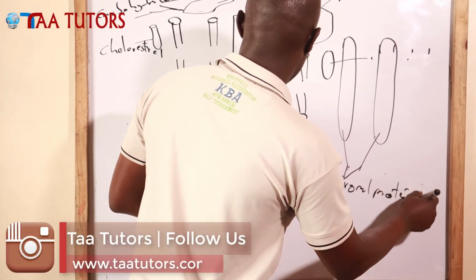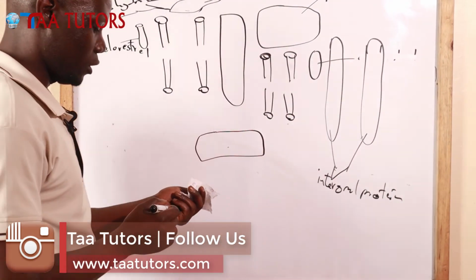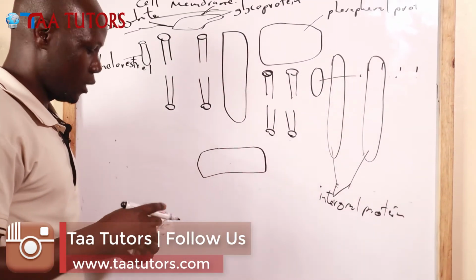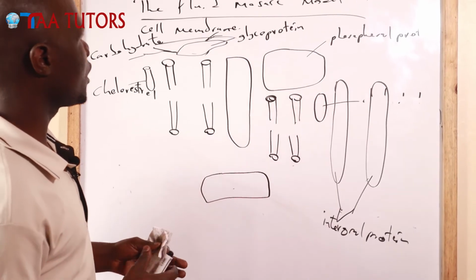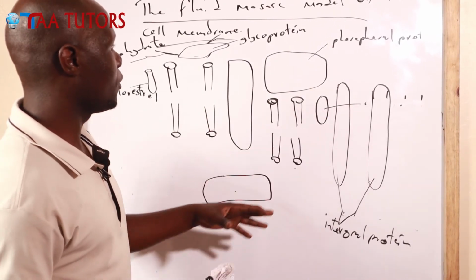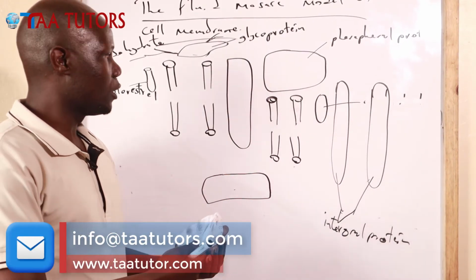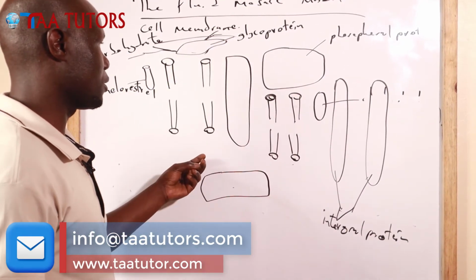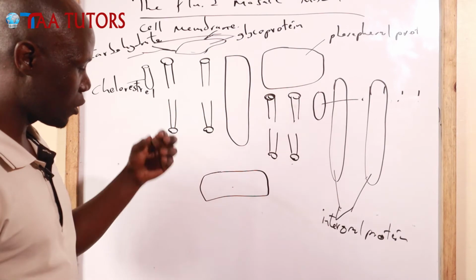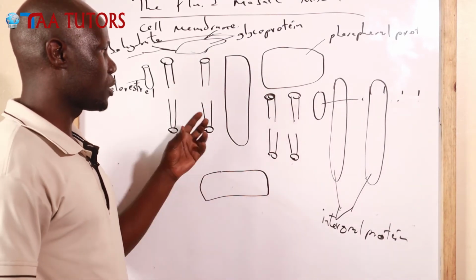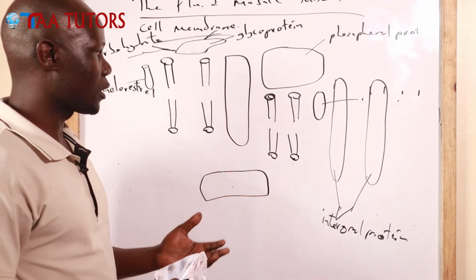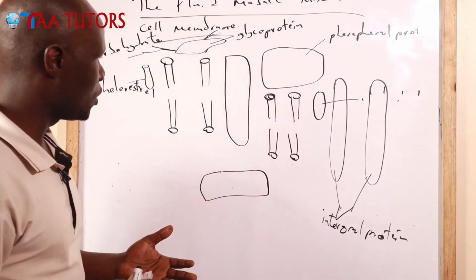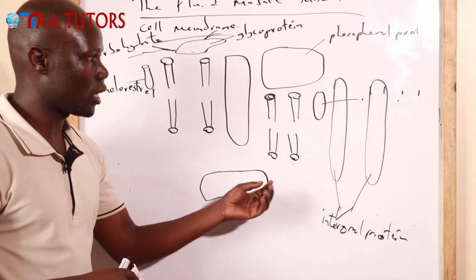Now, what is the work of each and every molecule here? These particular proteins can allow ions to come in, because it is not only water that is going to pass in these molecules. We also have some material that the cell needs for cellular respiration, like the ions that we need here. We need nutrients like glucose, they have to come in here.